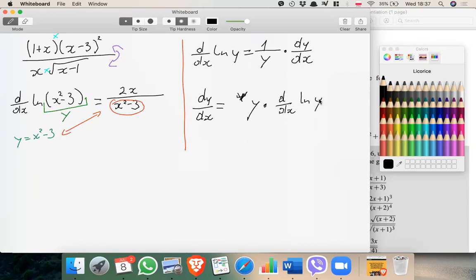What this tells me is that if I take a natural log of the function, denoted by y, take a derivative of that natural log, and then multiply that derivative by the function, I end up with the derivative of the original function.